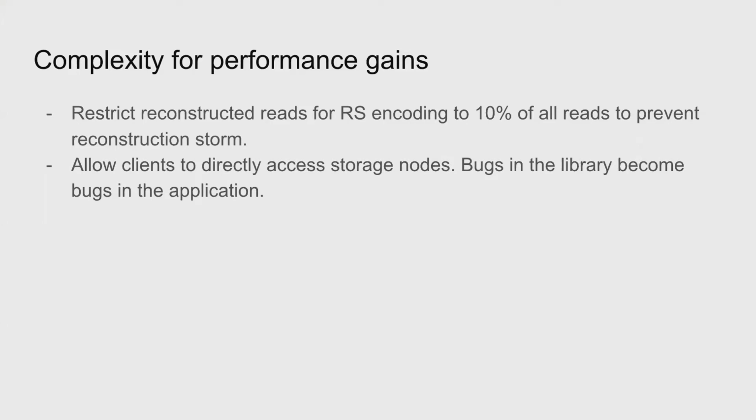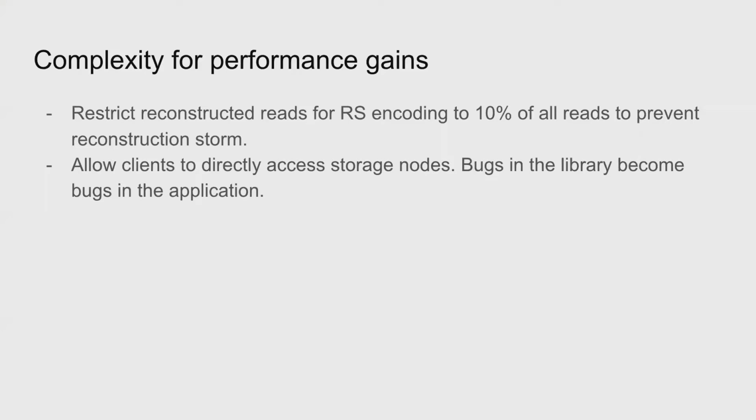However, it is difficult to predict the fraction of reads that may need to be reconstructed, which might happen due to a bunch of reasons like node overload. So they restrict all of their reads for their RS encoding to 10% of all reads. This is done to prevent reconstruction storms. And they allow clients to directly access their storage nodes. So whatever bugs there are in the Tectonic library, they become bugs in the application.